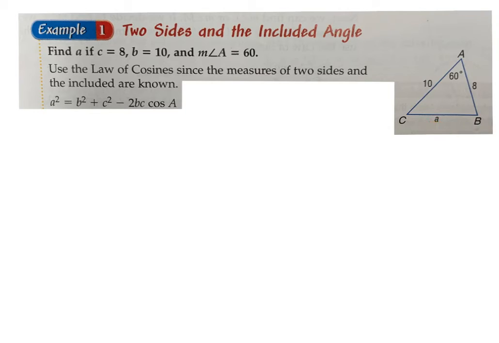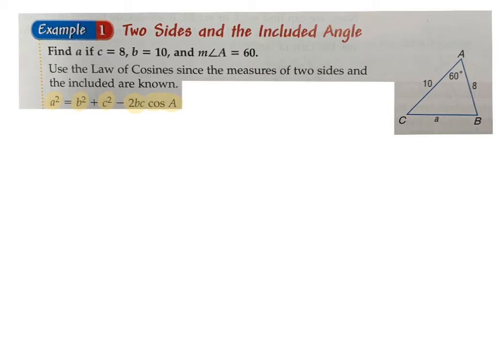So if I'm finding side A, that's going to go on the outside. A squared equals, and they've written it for me, so I don't have to rewrite it. A squared here equals my other two sides squared minus 2 times my other two sides times the cosine of my angle opposite of the side I'm solving for.